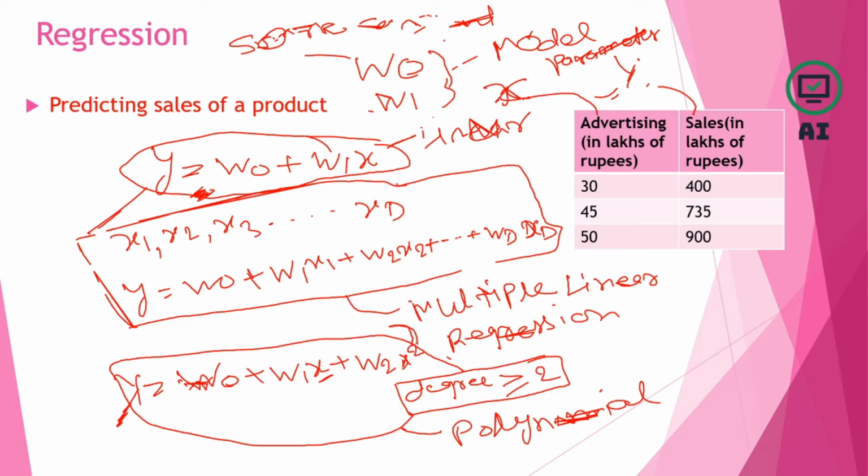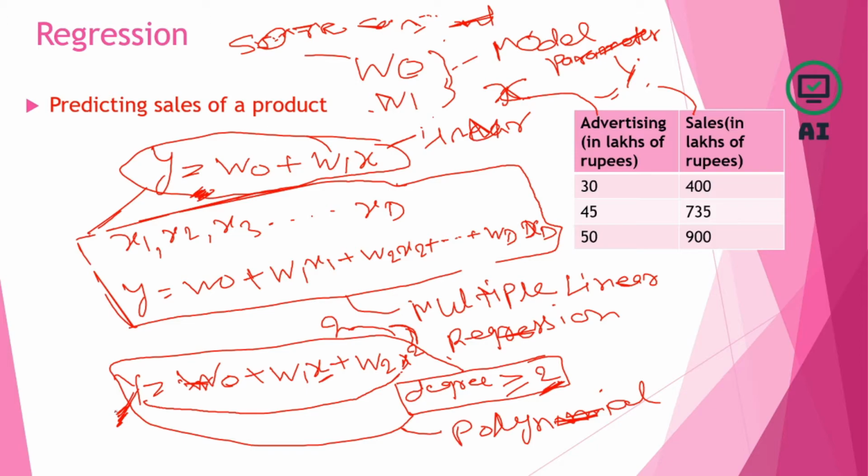So here the degree of the polynomial is 2. So we cannot say that y is linearly related to x. It is rather polynomially dependent on x. As long as the degree of the polynomial is greater than or equal to 2, we can say that y, which is sales here, is polynomially dependent on x, which is advertisement.